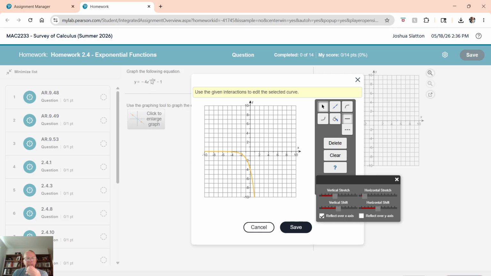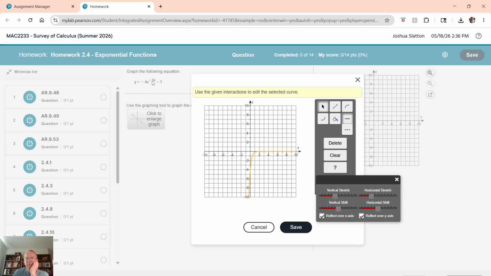Then we have negative 3. Now this is inside the parent function, so that negative is going to be a reflection over the y-axis, and the number inside the function is going to be a horizontal stretch. So now put that at 3. The number in front of the function is a vertical stretch.